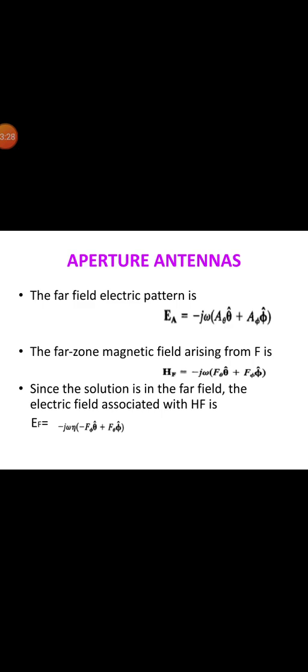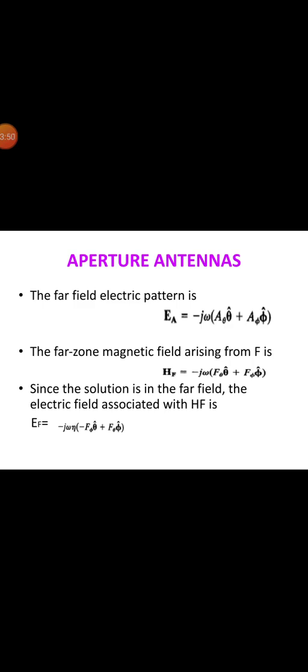The far field pattern is given by EA equals minus jω into Aθ θ vector plus Aφ φ vector. The far zone magnetic field arising from F is given as HF equals minus jω into Fθ θ vector plus Fφ φ vector.